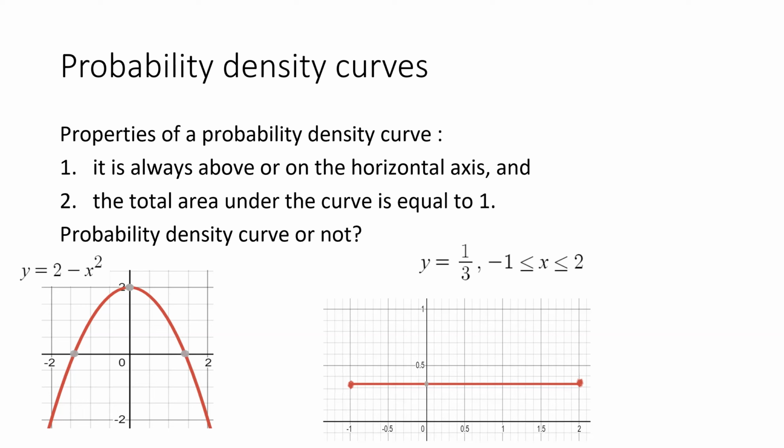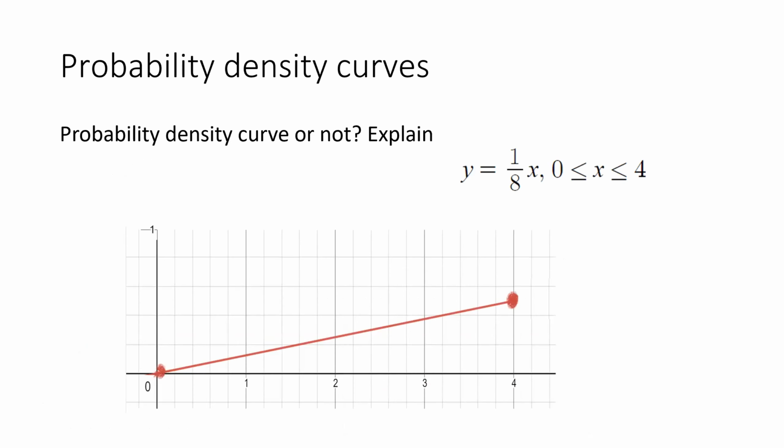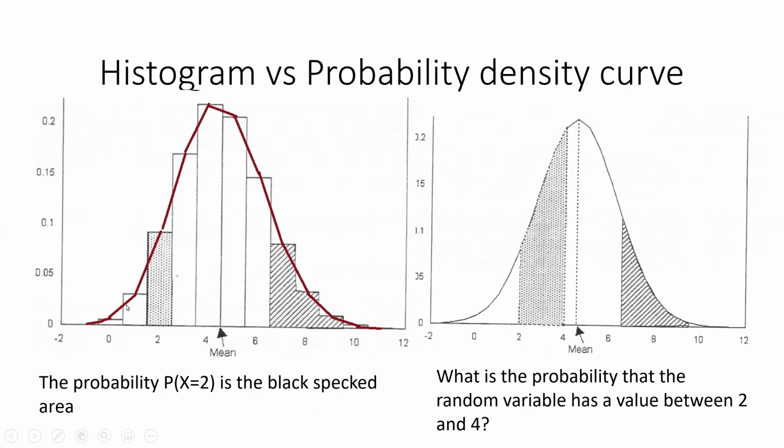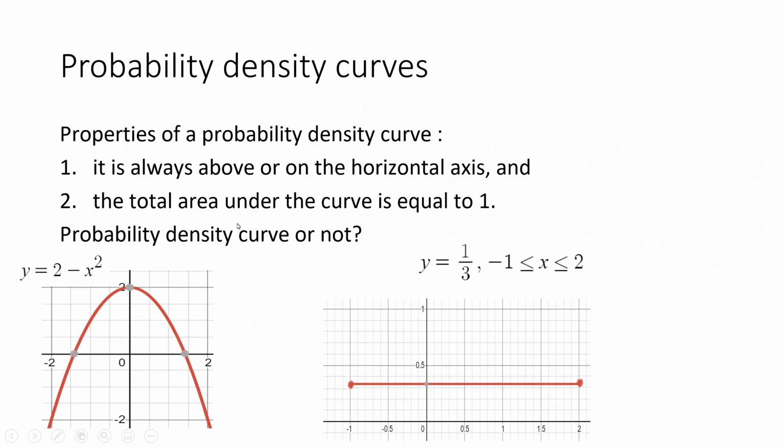Another property stems from the fact that the total probabilities have to add up to 1. Remember, we mentioned that before. So the area under this density curve should add up to 1. So the total area under the curve is equal to 1. So these are the two properties of probability density curves.